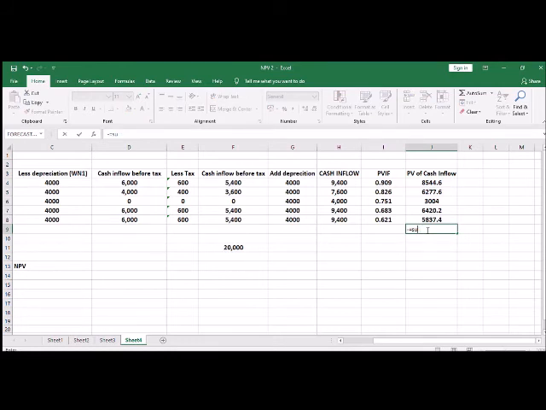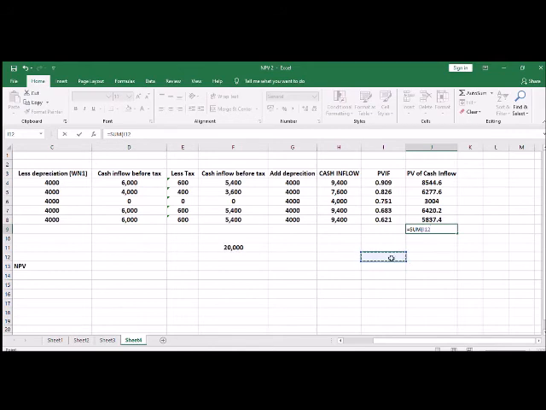We'll discuss this sum again. See, cash inflows before depreciation and tax are given. So first we deduct the depreciation from this amount using the straight line method. Then the amount will be called cash inflows before tax. Now we deduct the tax, which is 10% of this particular amount.